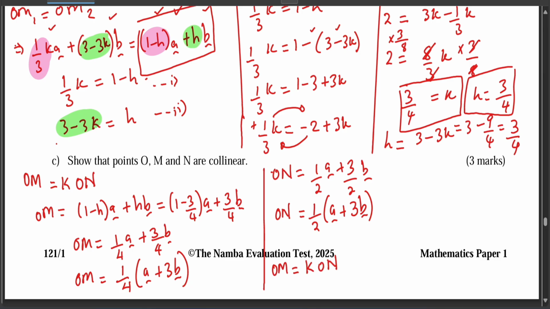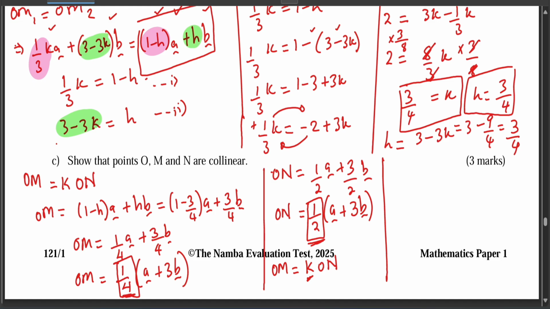And we said that OM is equal to k times ON, right? Now we know our OM, we know our ON. What we don't know now is what k is, right? So you ask yourself, this is ON, and this is the coefficient of ON, this is the coefficient of OM. The coefficient of ON is a half, the coefficient of OM is a quarter.